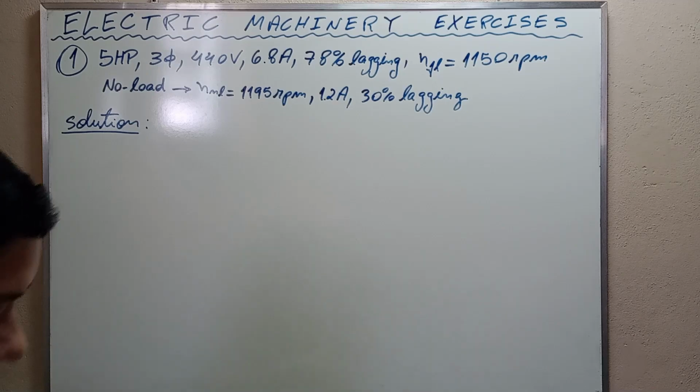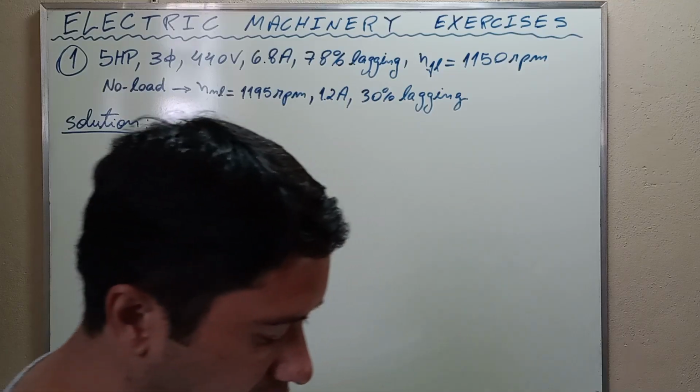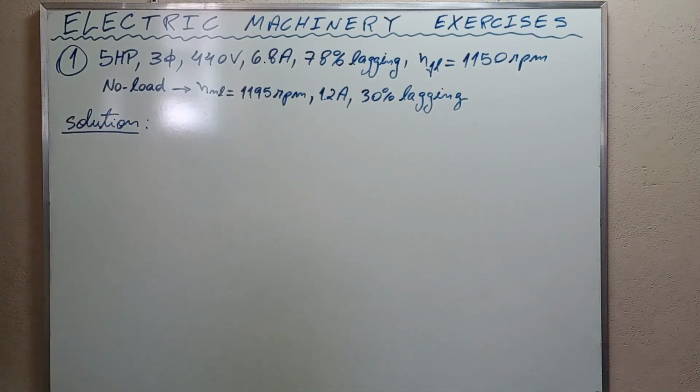Exercise number 1. A certain 5 horsepower 3-phase induction motor operates from a 440 volts RMS line-to-line 3-phase source and draws a line current of 6.8 amperes RMS at a power factor of 78%, lagging under rated full load conditions.